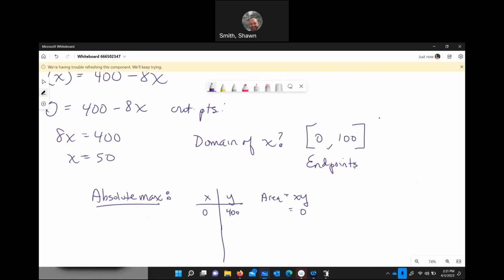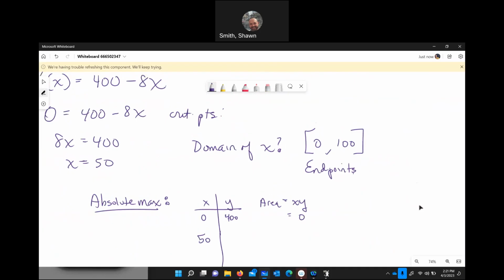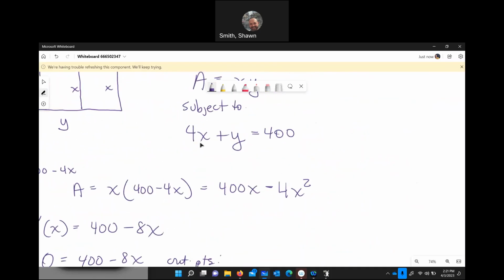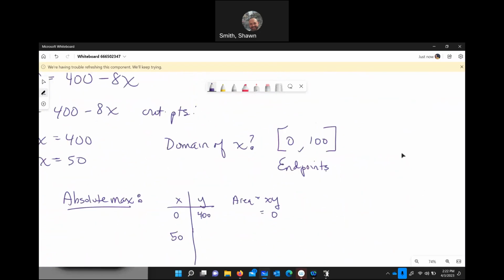Then we go to the critical point 50. If X is 50, 4 times 50 is 200, and 200 plus Y makes 400, so Y is 200. So the area is 50 times 200, which is 10,000 square feet.